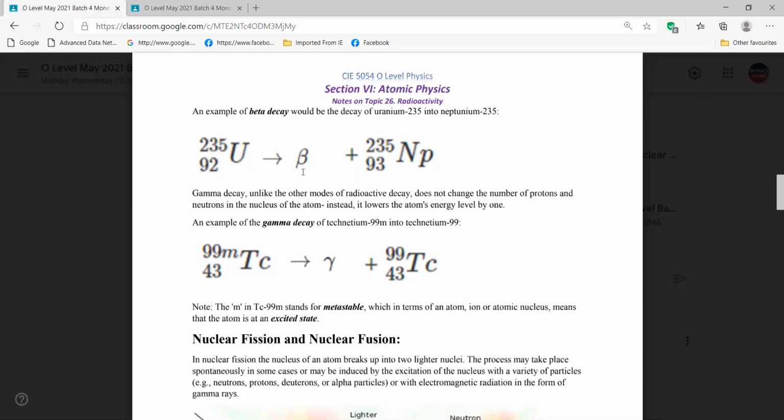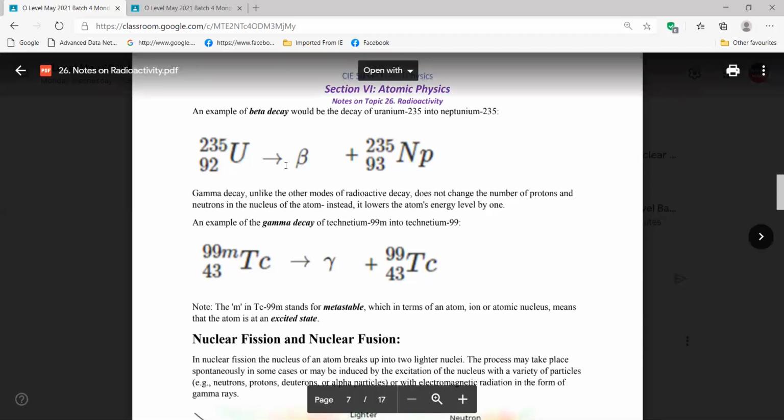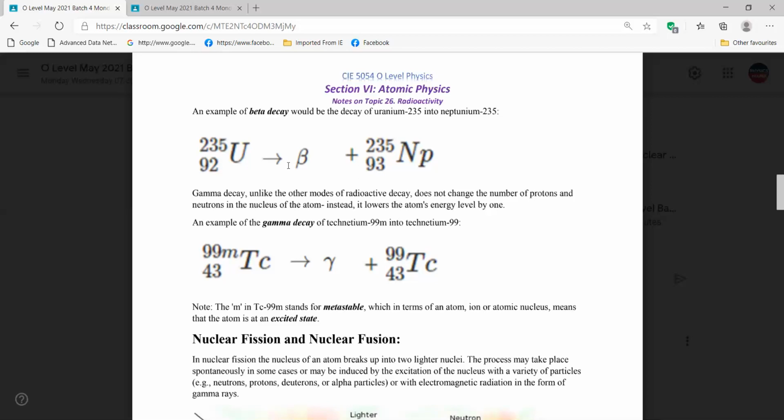So in this equation, you also write this equation, and here you write minus 1.